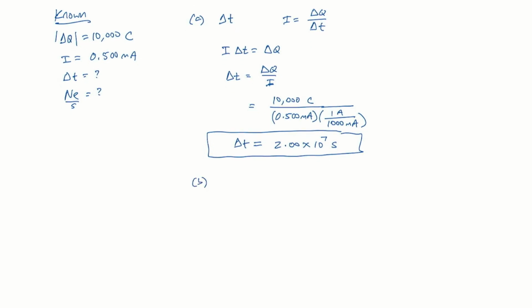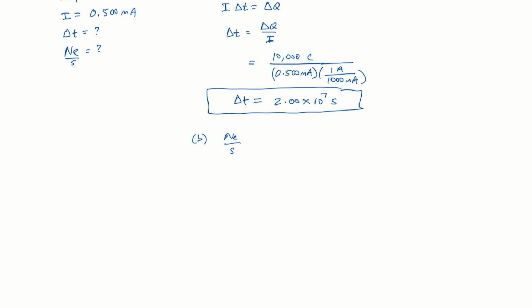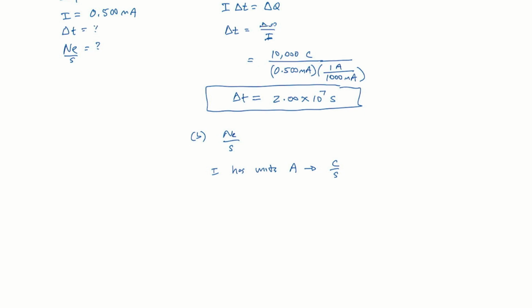Now in part B, we need the number of electrons per second. Let me clean that up. We can do N_e over s. So I has units of amperes, and that is a coulomb per second.